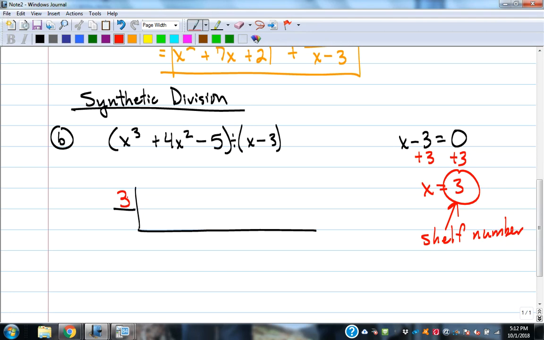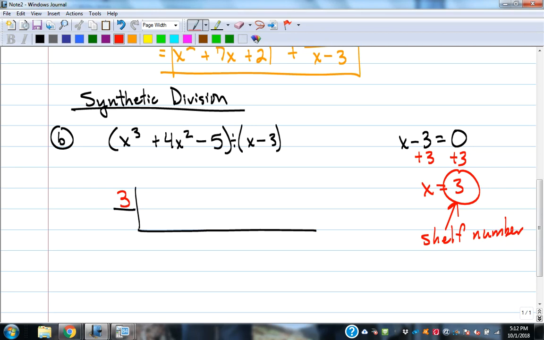On the top row of the inside are going to be the coefficients of the polynomial I'm dividing into. And remember, with long division and synthetic division, I have to take a representative from the highest power down. So the degree of that polynomial is 3, so I know I've got to have a cube, a squared, a plain x, and then a number.